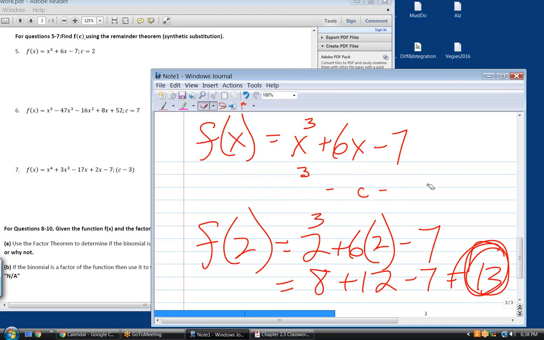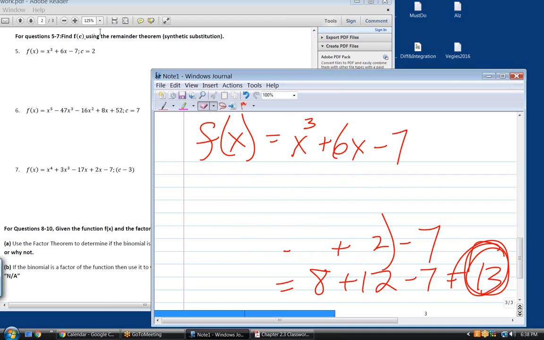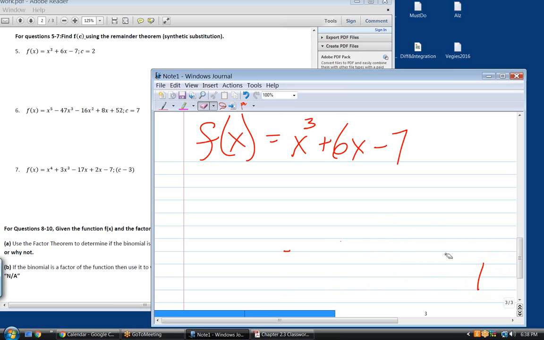Let's back up a little bit. Just because of this part up here, find f of c using the remainder theorem. I'm not quite sure what they mean, but you can certainly find f of c by putting a 2 in there and doing synthetic division.